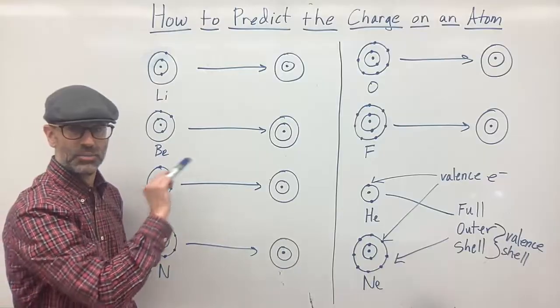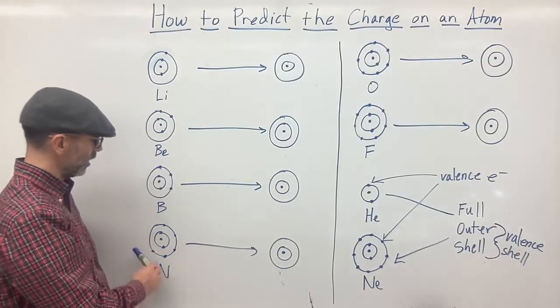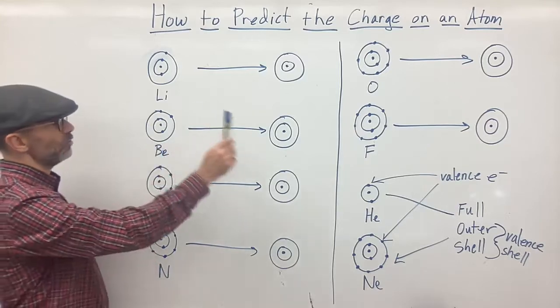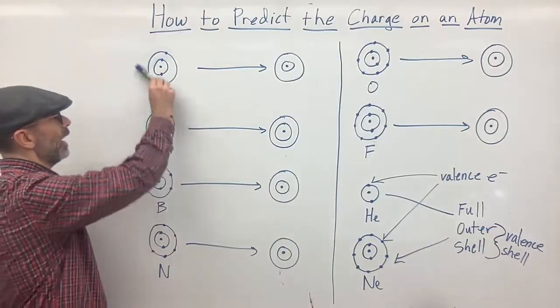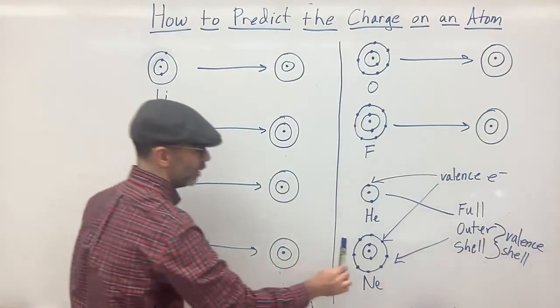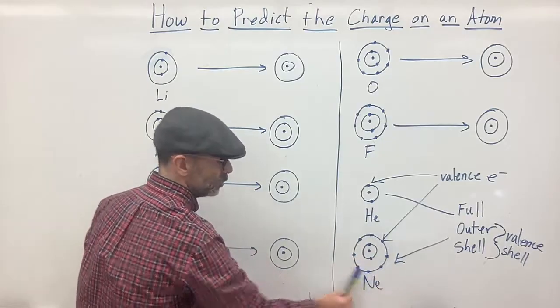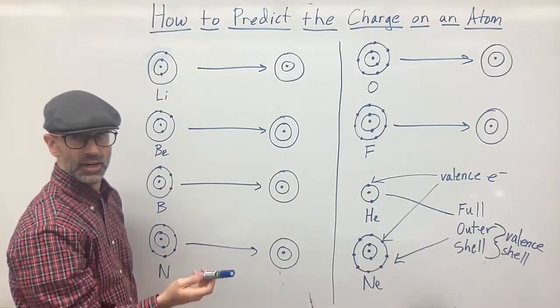So that shell would be considered full as well. So any atom after neon is going to have that full shell. And notice when I go from helium to lithium, I add a shell, right? So you can imagine if I go from neon to the next one, which I believe is calcium.